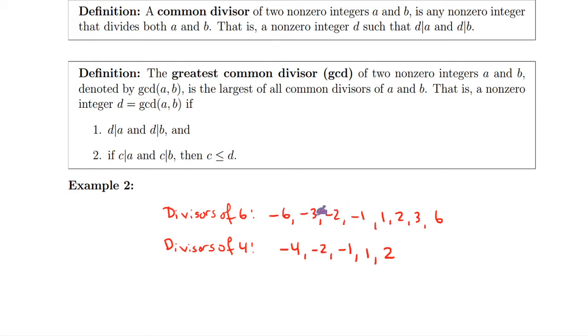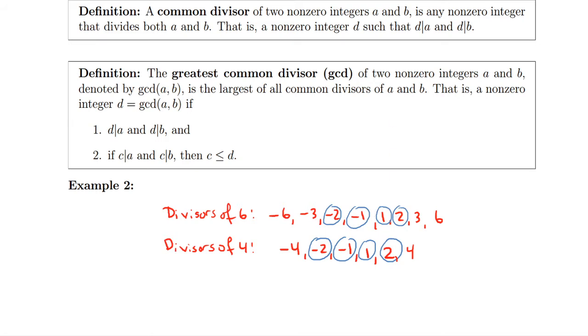The common divisors are -2, -1, 1, and 2. Oh, I forgot about 4, and 4 is also a divisor of 4. But those are all the common divisors.